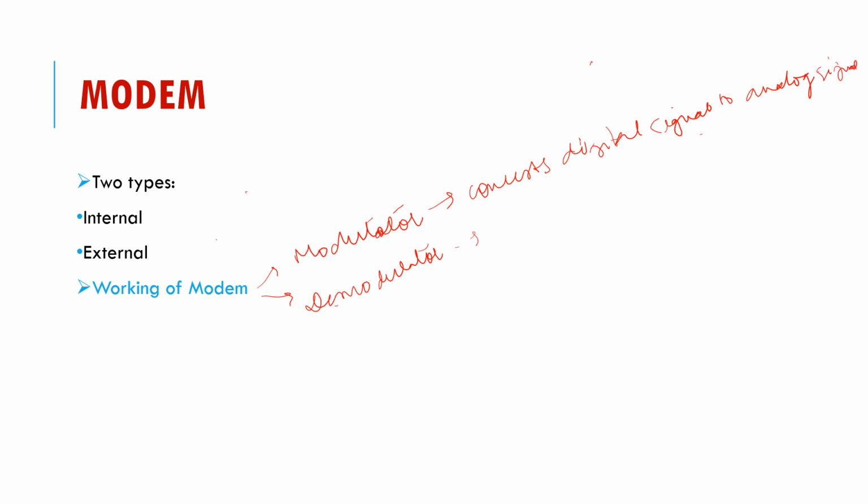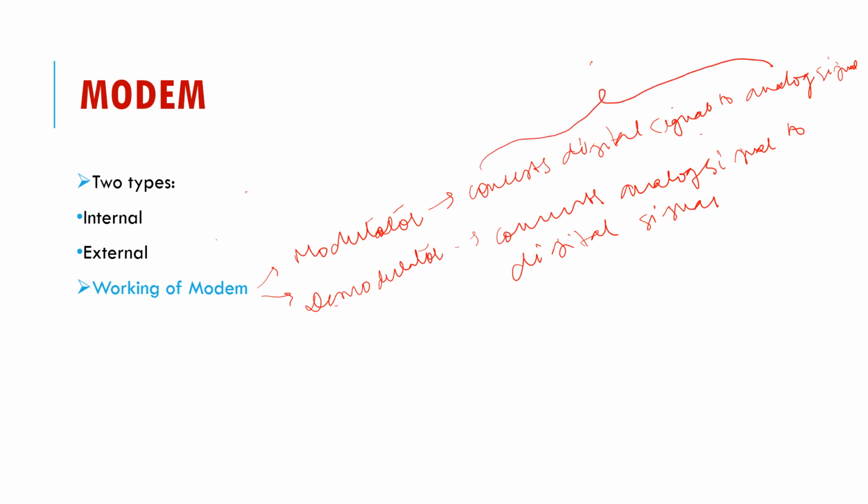And what this demodulator does, it converts analog signal to digital signal. And the process of conversion of digital signal to analog signal is called modulation, and the process of conversion of analog signal to digital signal is called demodulation.